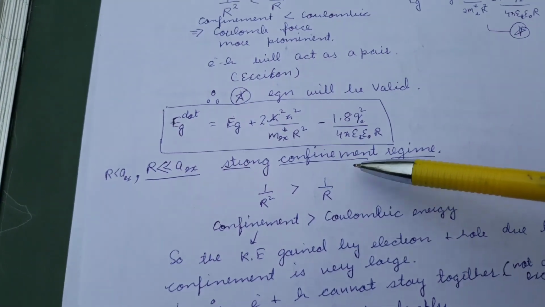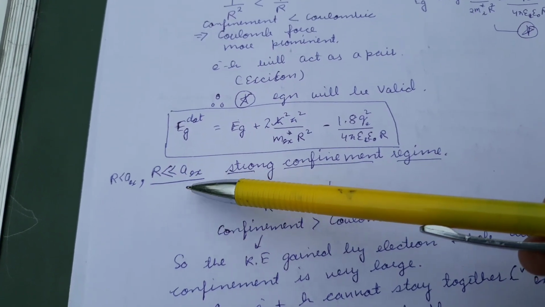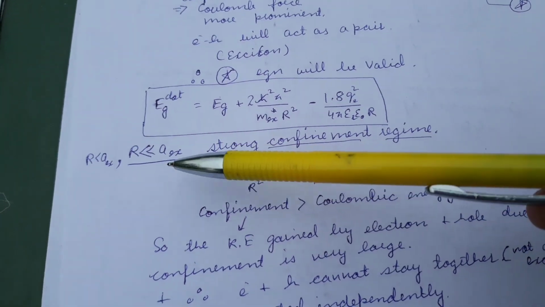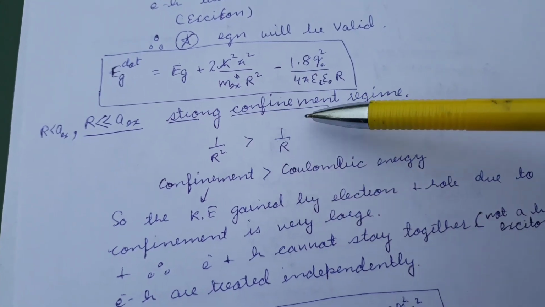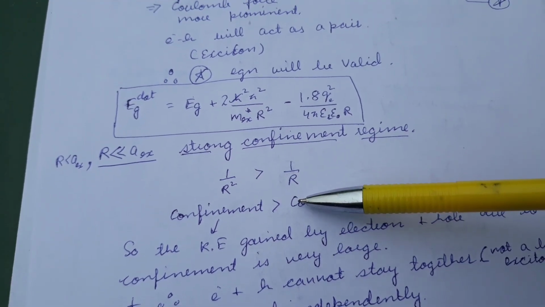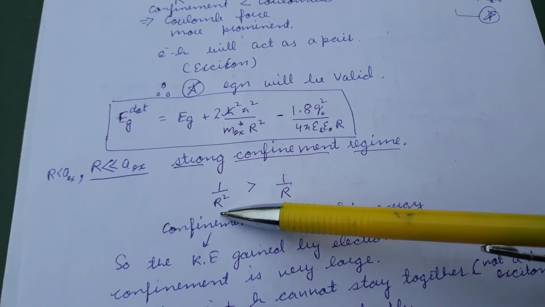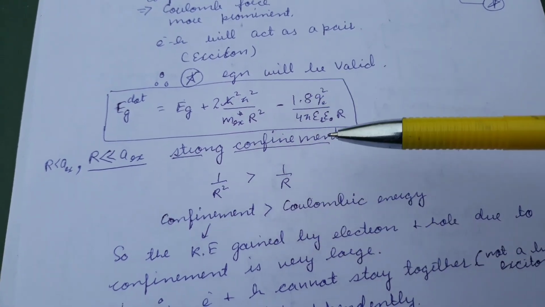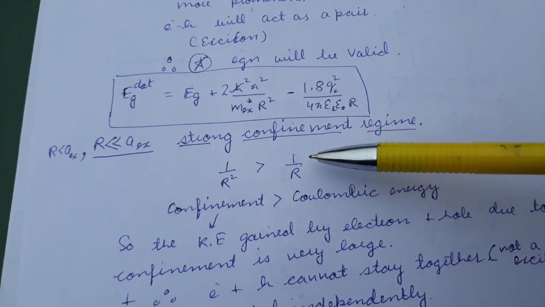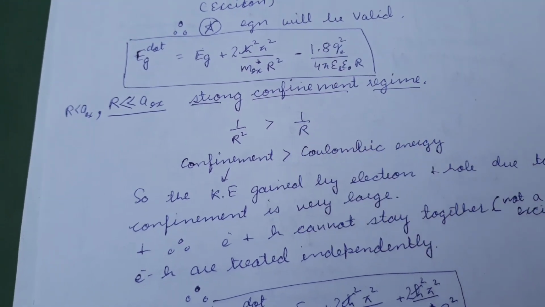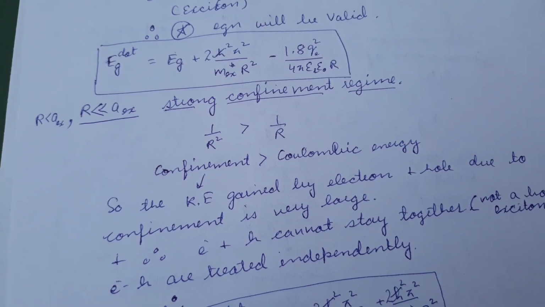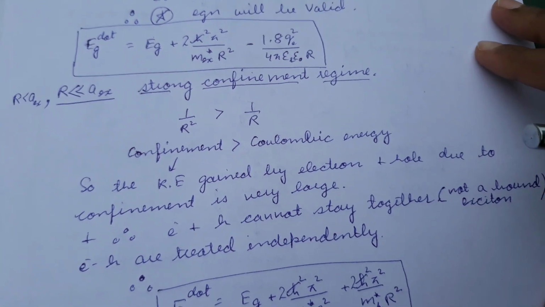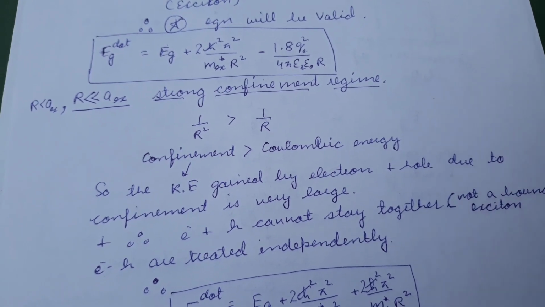Whereas strong confinement occurs when the radius is very much less than the Bohr excitonic radius. In this situation, 1 upon r square will be greater than 1 upon r. So the confinement energy will be much greater than the Coulombic energy. When confinement energy is very large, the electron and hole will have a large amount of kinetic energy, so they are moving with very large energy.